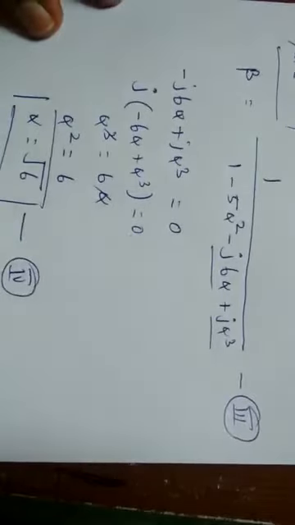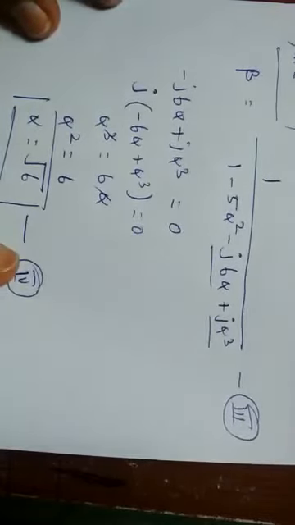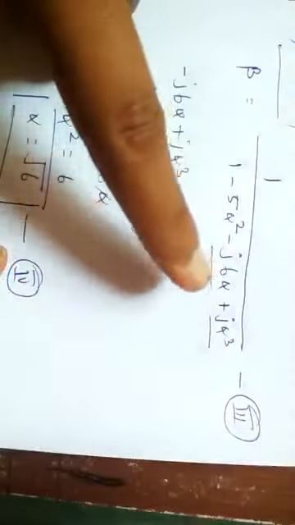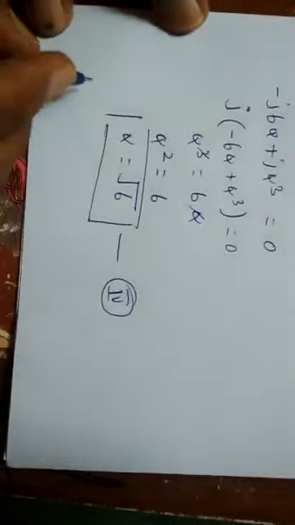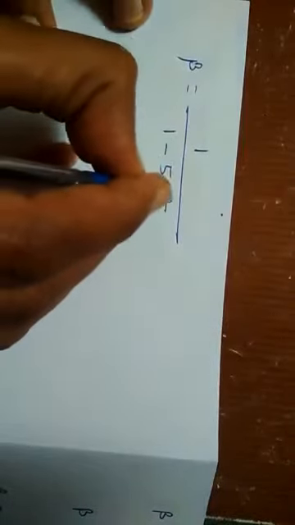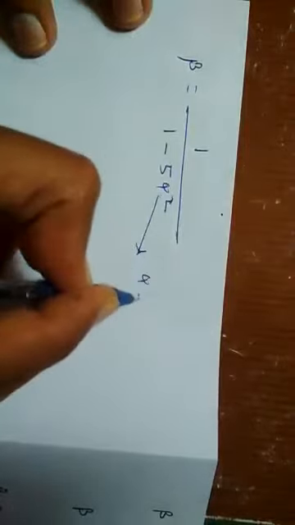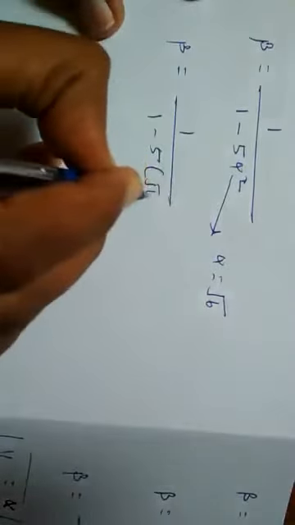So substituting Roman letter 4 in Roman letter 3 and omitting the imaginary terms, beta without imaginary terms is 1 by 1 minus 5 alpha squared, and if we put alpha equals root 6 in this equation, then beta becomes 1 divided by 1 minus 5 into root 6 squared.